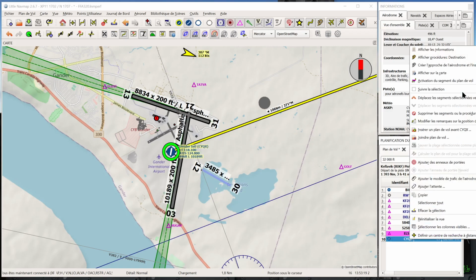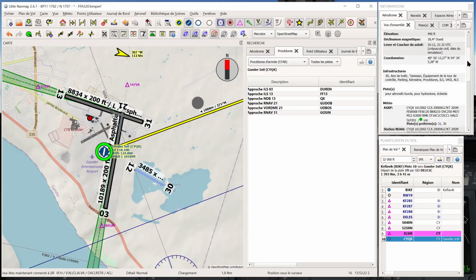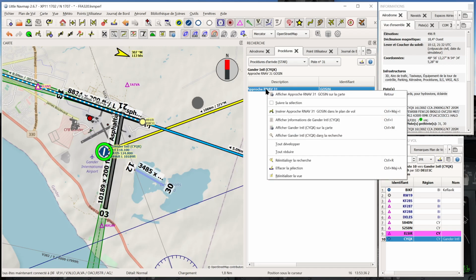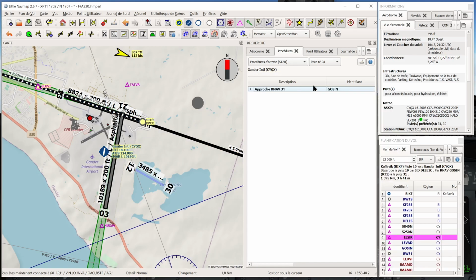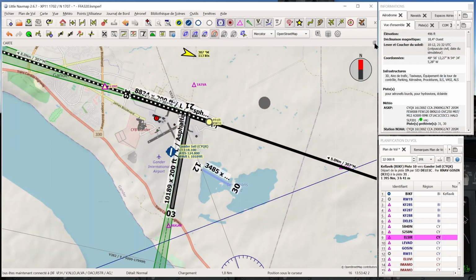Let's see if we can have some approach available. Runway 31. 31 is interesting because there is no ILS, of course, so it will be an RNAV approach and visual. 31.